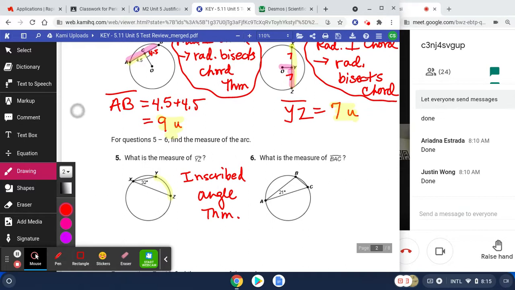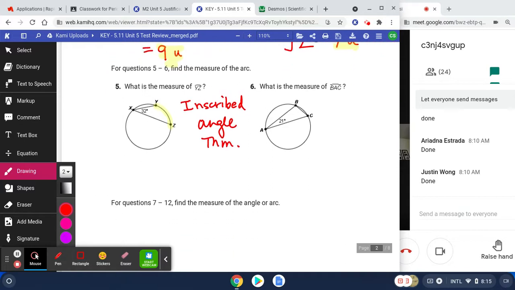this theorem tells me that the measure of this angle is half the measure of that intercepted arc. The measure of that inscribed angle is half the measure of the intercepted arc. So if I want the arc YZ, I have to double angle YXZ.